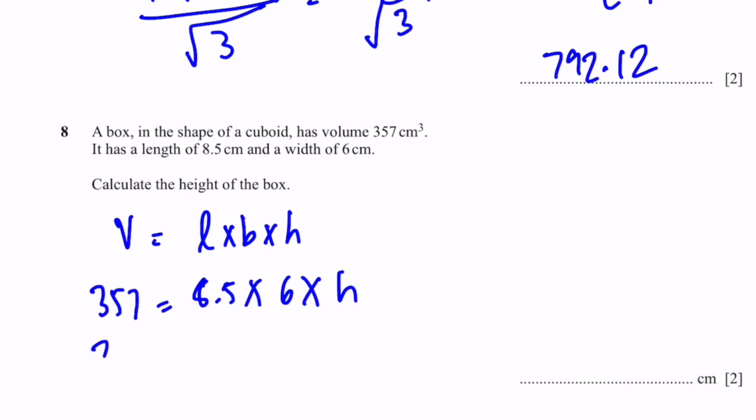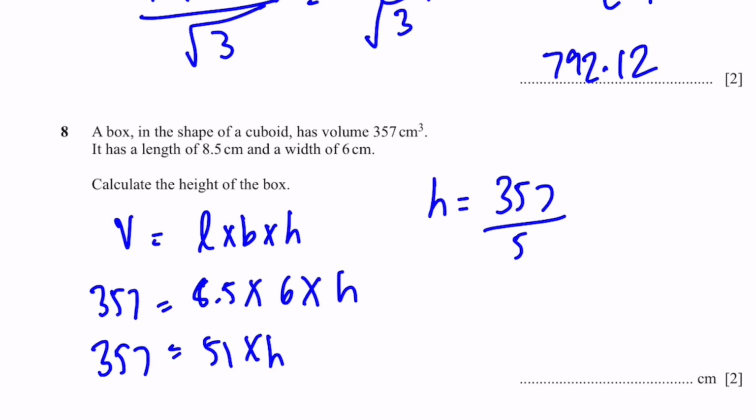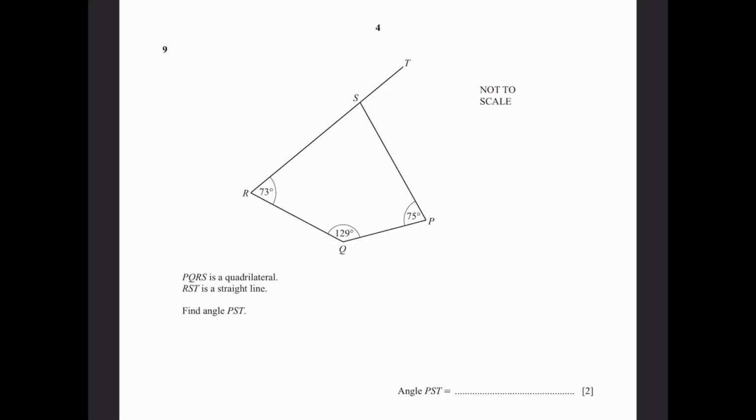This is quite simple. Now 357 is equal to, what's 8.5 times 6? It's 51, multiplied by h. That means h is equal to 357 divided by 51, which is 7 centimeters. That's the answer.